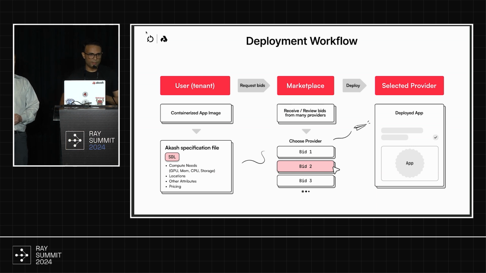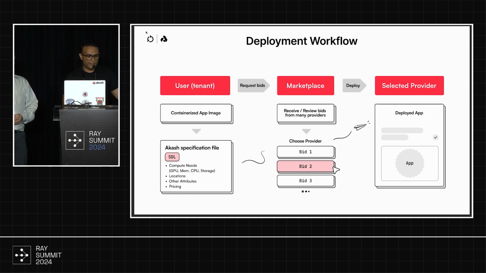Talking one level deeper, because I'm assuming most of the folks here are technical, I'll get a little bit into the weeds. This is the typical deployment workflow that you can expect to see on Akash. Looking from left to right, as a user, you bring your application, which could be a workload, an AI inference app, a web service, or a static web page, I don't care.